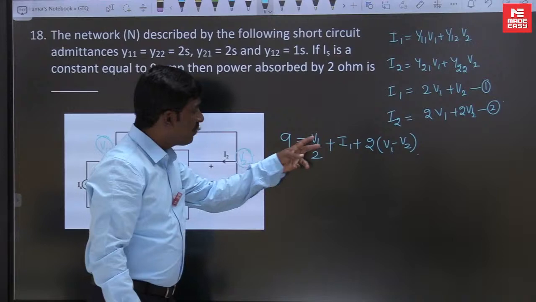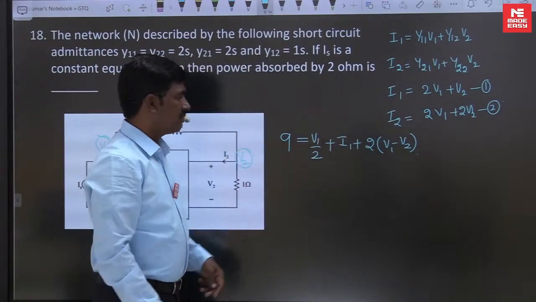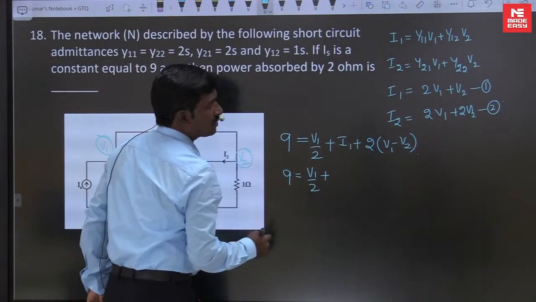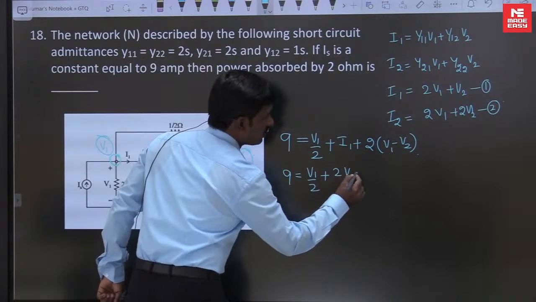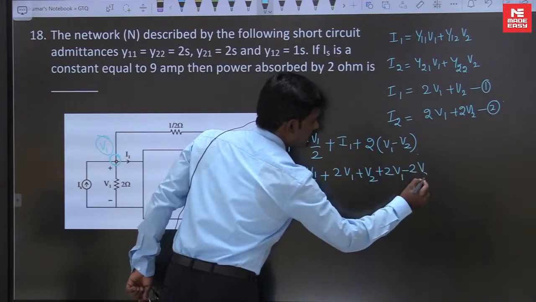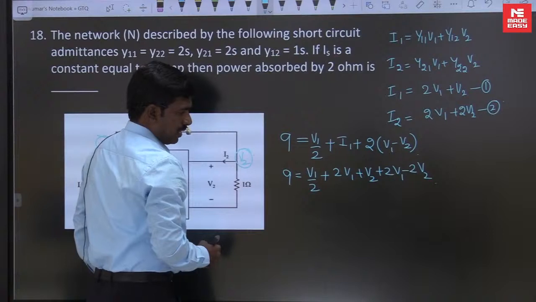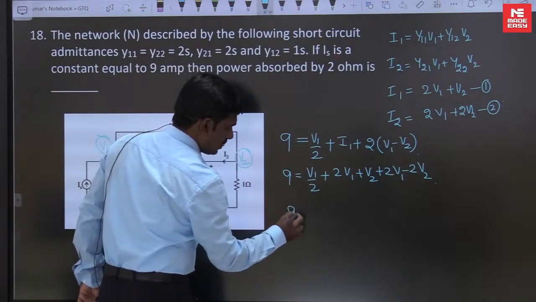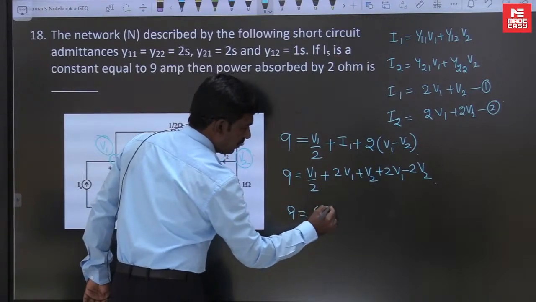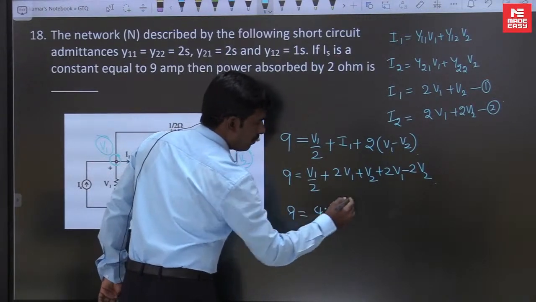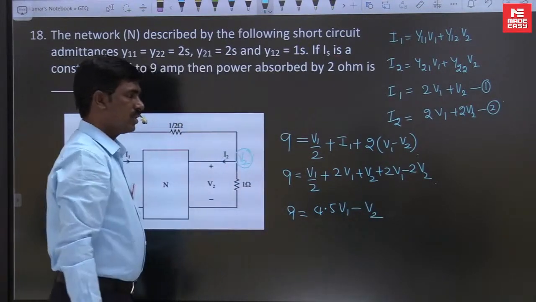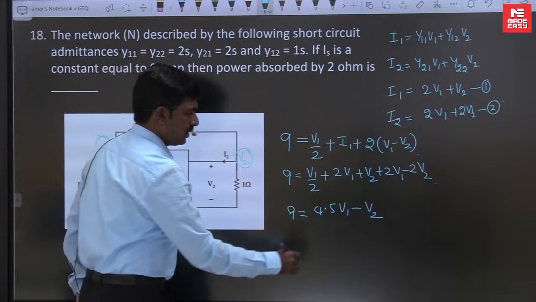Now substitute the I1 value: 9 is equal to V1 by 2 plus 2V1 plus V2 plus 2V1 minus 2V2, so 9 is equal to 4.5 V1 minus V2. This is equation 3.